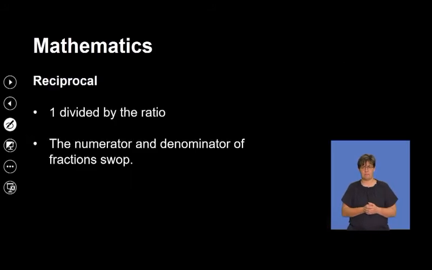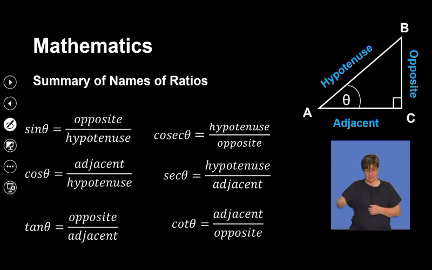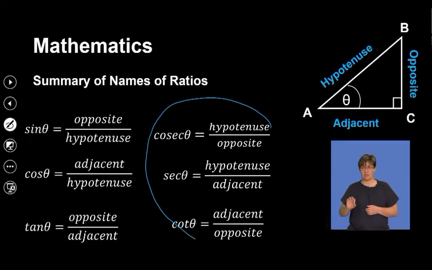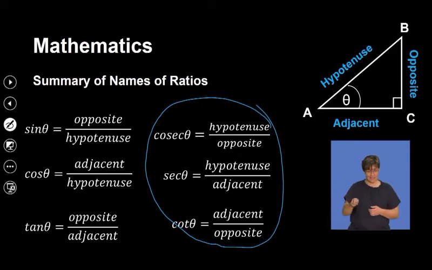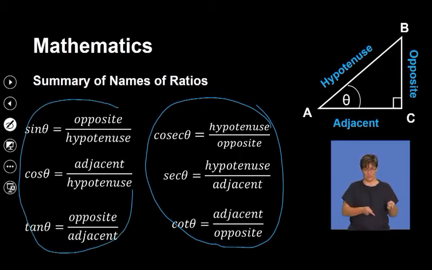So we call these here the reciprocals. Remember I was using the word reciprocal when I started here. We call these the reciprocals, and we call these the ratios. So these are three ratios: sine, cos, and tan. And then cosec, sec, and cot are the reciprocals of the three main ratios.